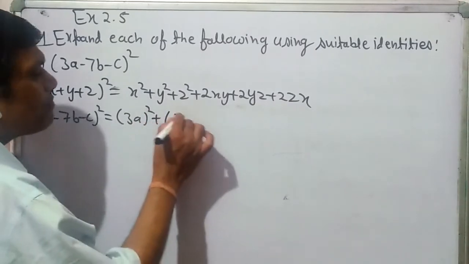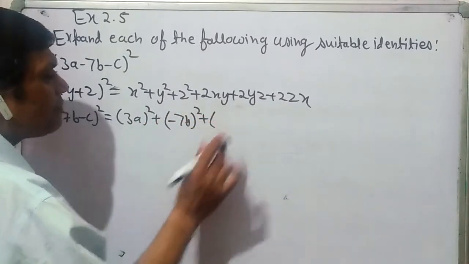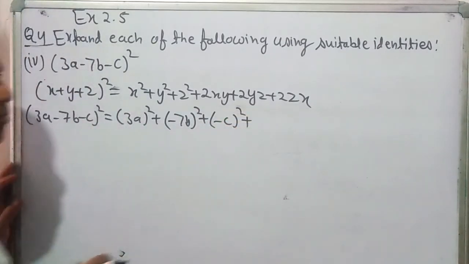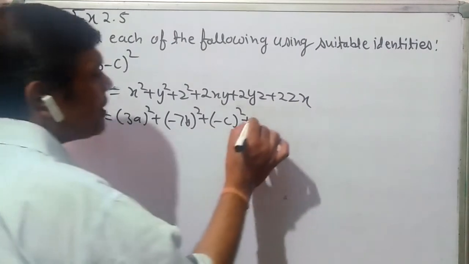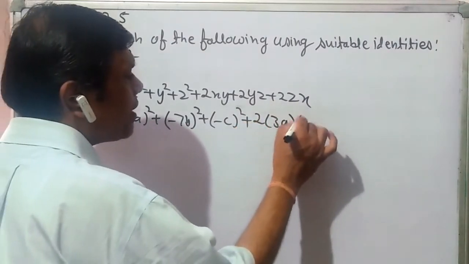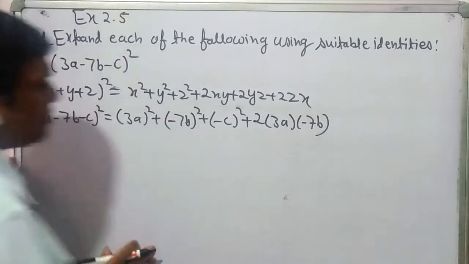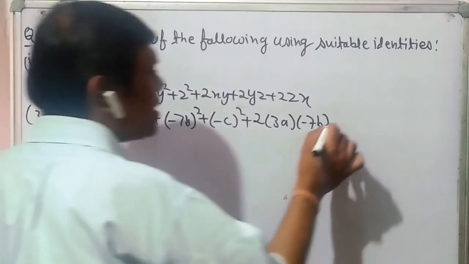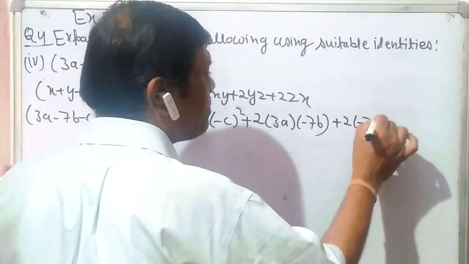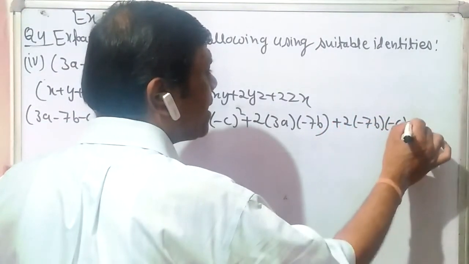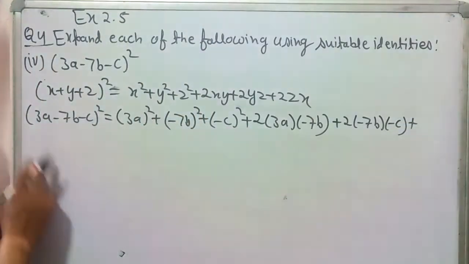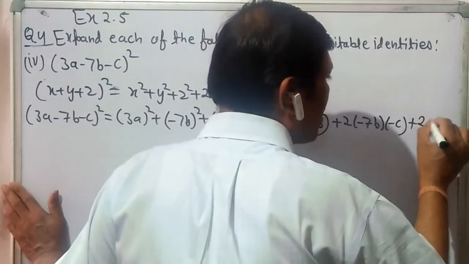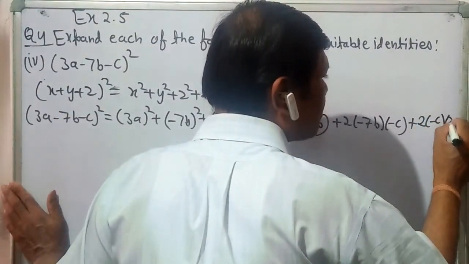Y square, that is (minus 7b) whole square. Z square, that is (negative c) square. Twice xy means 2 multiplied by 3a multiplied by negative 7b. Twice yz means twice multiplied by minus 7b multiplied by negative c. Plus twice zx, minus c and 3a. Twice negative c and thrice a.